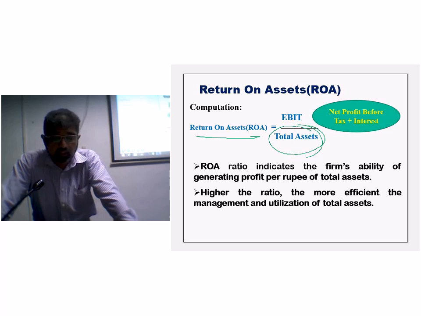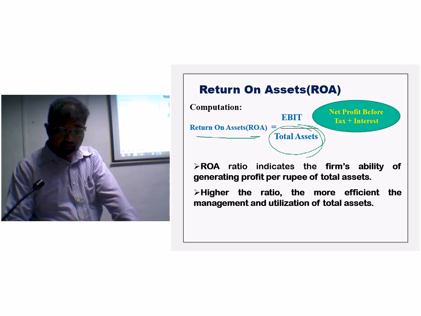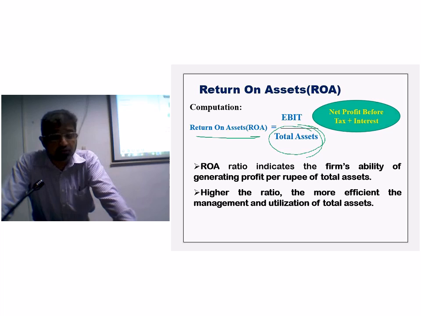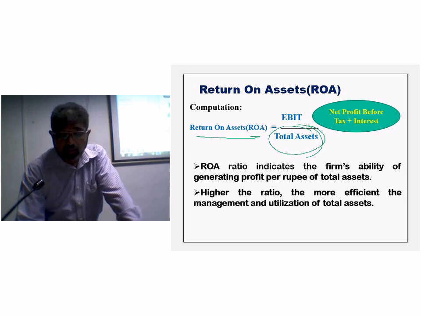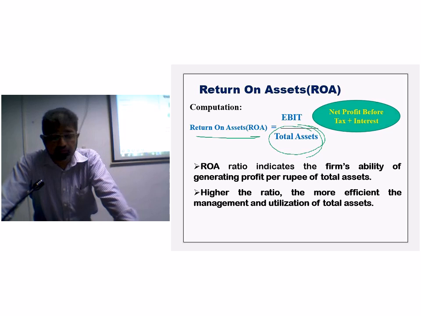Company A has average debt utilization relative to the industry. Then we can compare within the same organization, this year and previous year, their debt to total asset ratio, and also we can compare with the industry norms, the industry average.